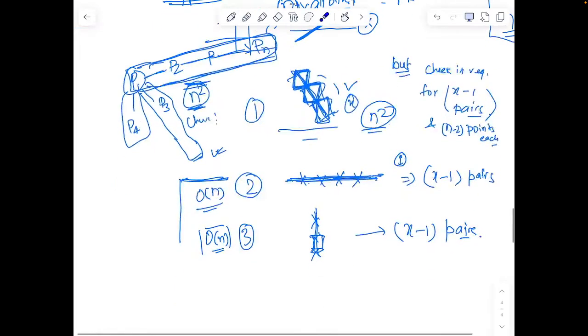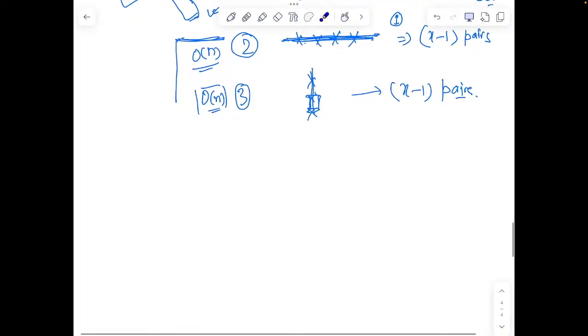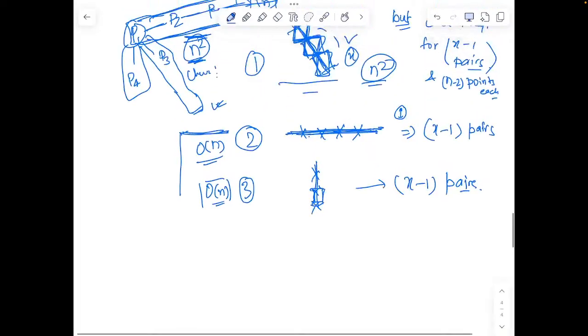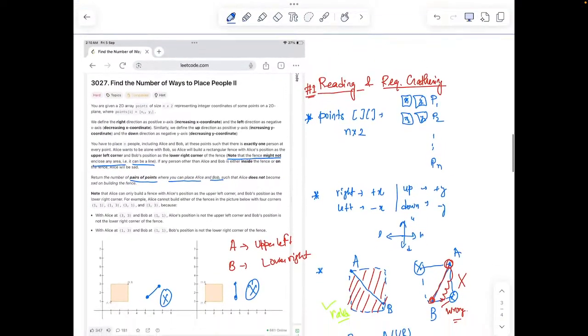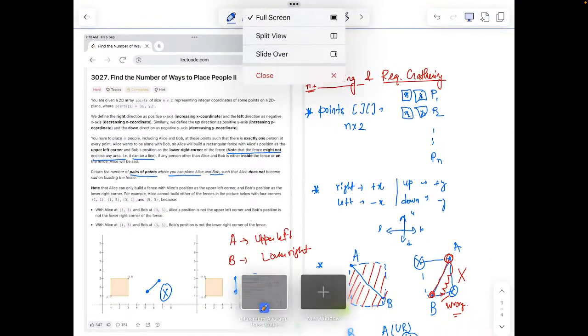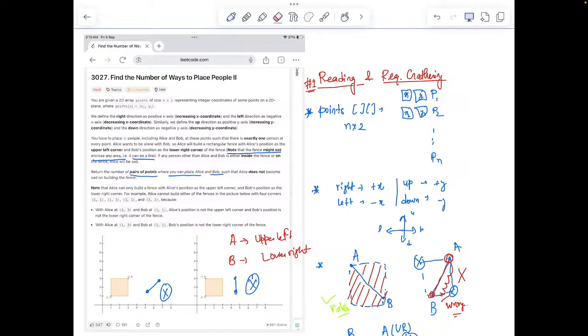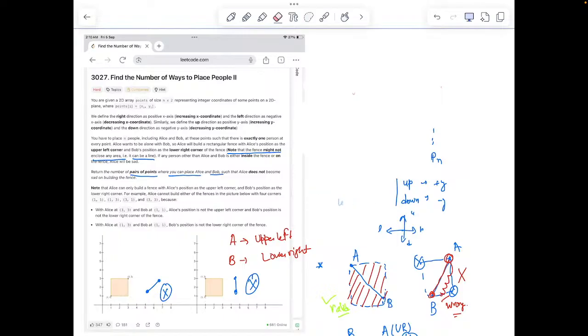Let me go ahead and build this approach in a code manner. I will use the same space so that the problem is next to me and I don't get distracted. Let me just delete this. So now we are at step 3. First was requirement gathering.